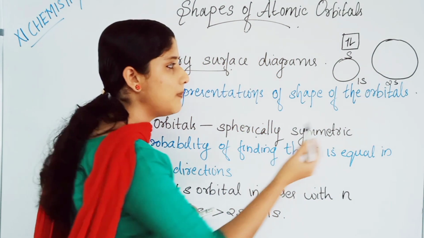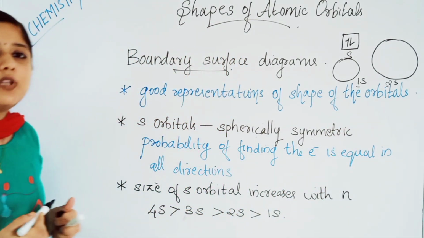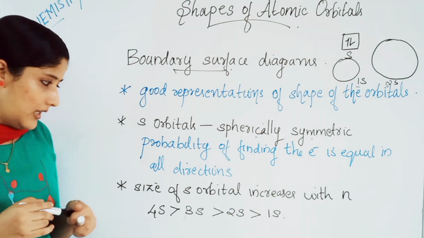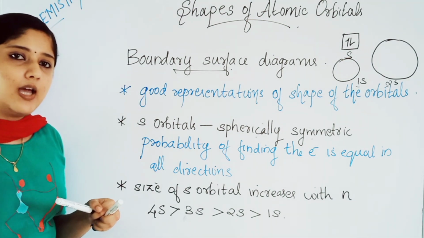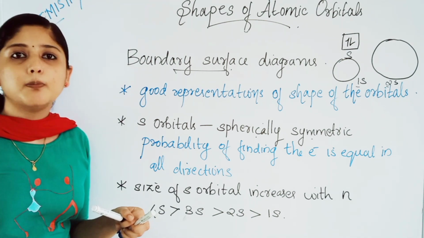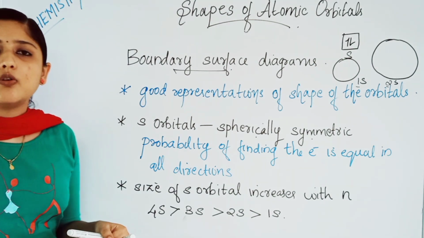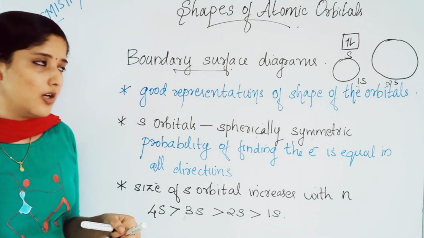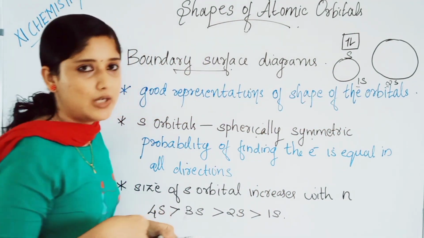As the principal quantum number increases, the electron will be present farther and farther away from the nucleus. This is the boundary surface diagram of the s orbital.